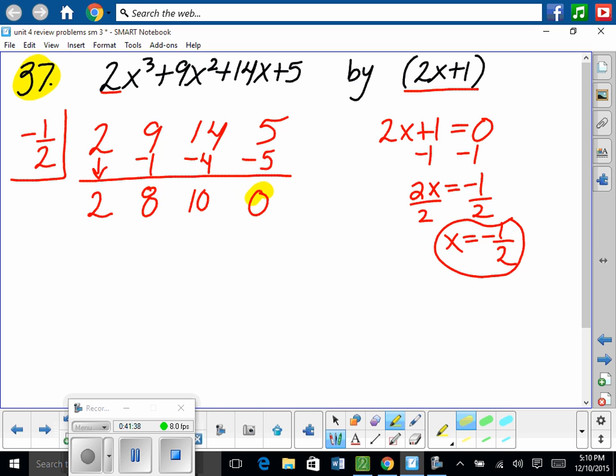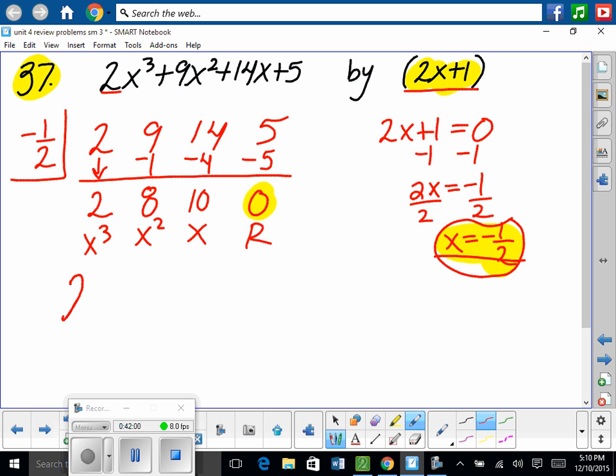Now remember, your remainder better come out to be 0. If this was a root, and this was a factor, then this remainder will be 0. And it was a root, right? We solved for it by setting it equal to 0 and solving. Okay, so if this is our remainder, then this is our x, this is our x squared, this is our x cubed.